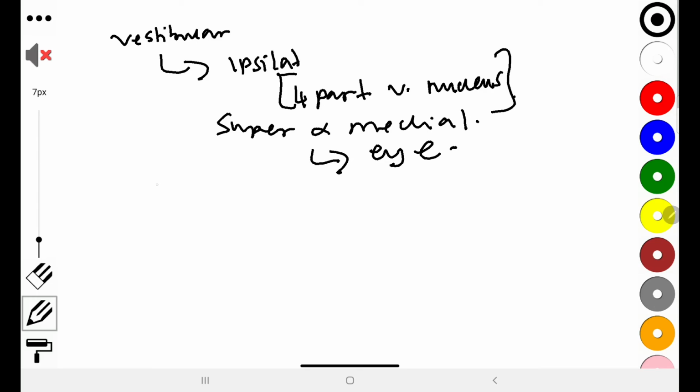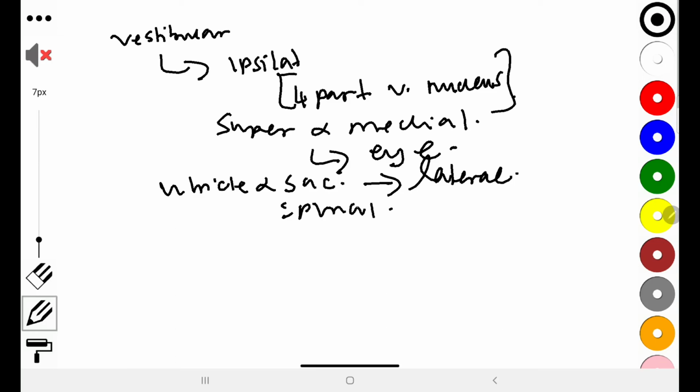Whilst fibers from the utricle and saccule end predominantly on the lateral component. So these project to the spinal cord as well as the cerebellum.